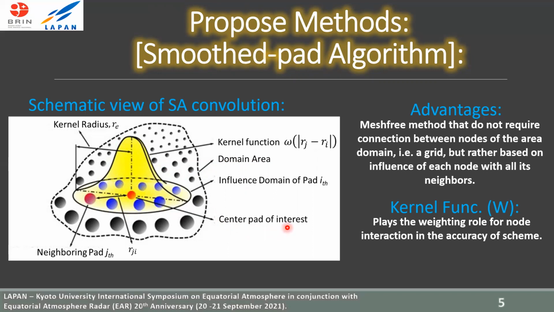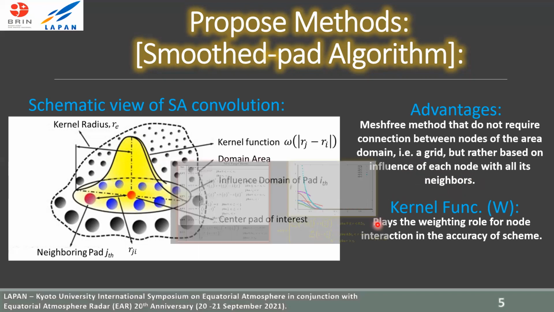The advantage of this algorithm is that it is a meshless method that does not require connection between nodes of the area domain or a grid system, but rather is based on the influence of its node with all its neighbors. The kernel function plays the weighting role for node interaction in the accuracy scheme.